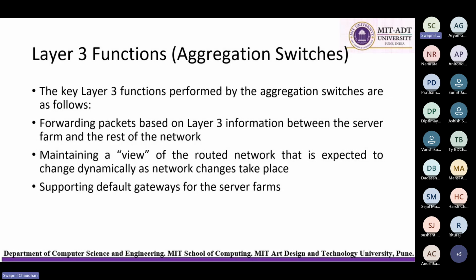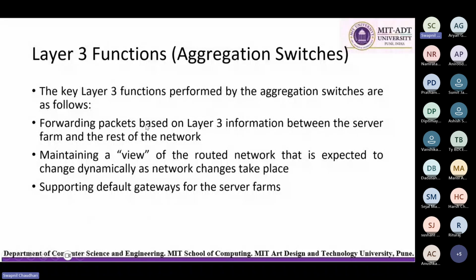Unlike layer 2 switching, which uses the MAC address, layer 3 uses the IP address to decide the communication path between client and server. This ensures efficient communication between the different networks and proper traffic flow across the data center.